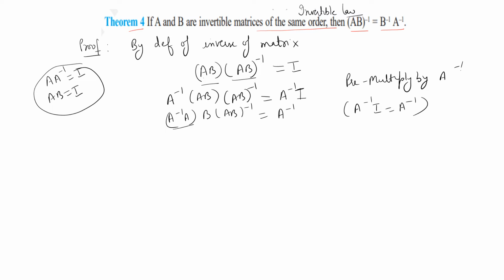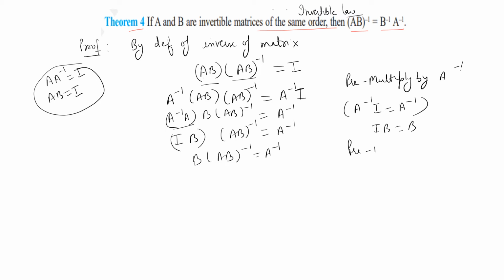Now A inverse into A gives me I into B, and that is AB whole inverse equals A inverse. I into B is B itself, so B into AB whole inverse equals A inverse. Now again I need to balance it.